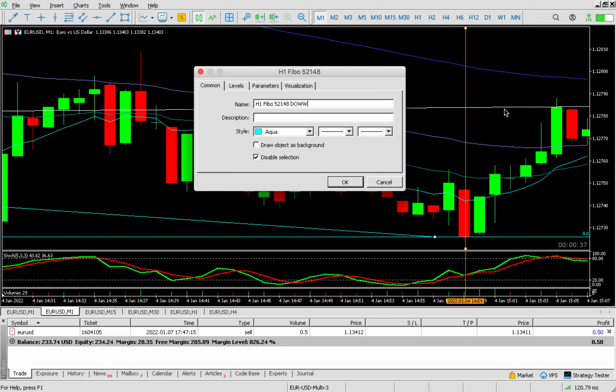Just want to mark it as what it's supposed to be. Supposedly a downtrend continuation.